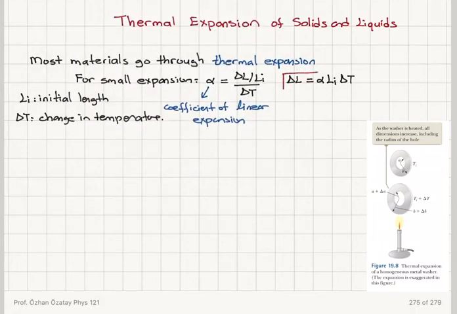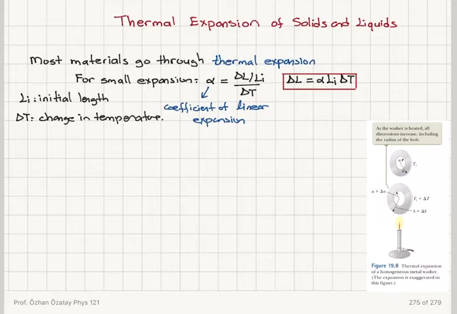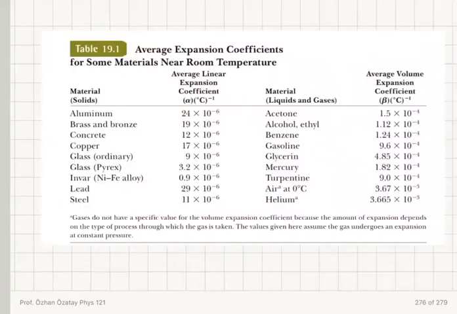So for most thermal expansion problems, we can use this formula given that we know what material the object is made out of and we can read its coefficient of expansion from a table.